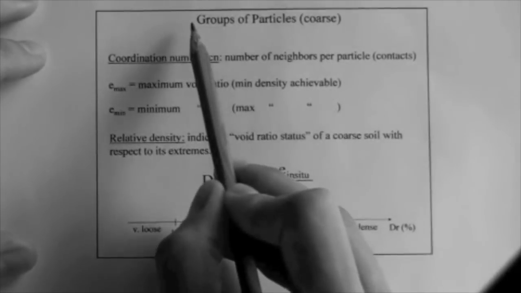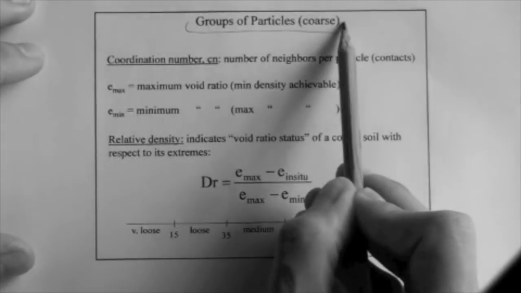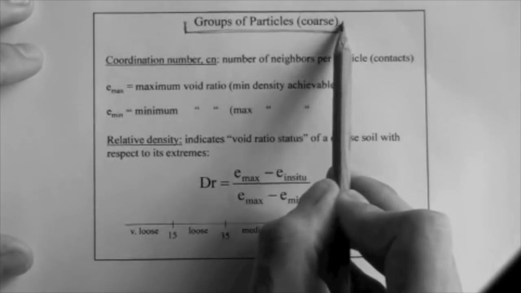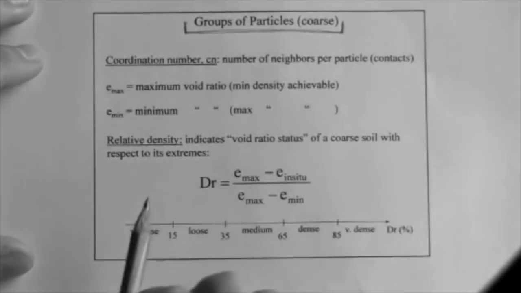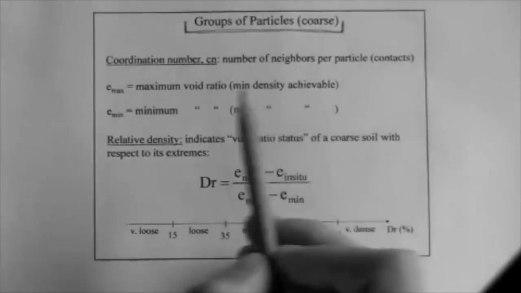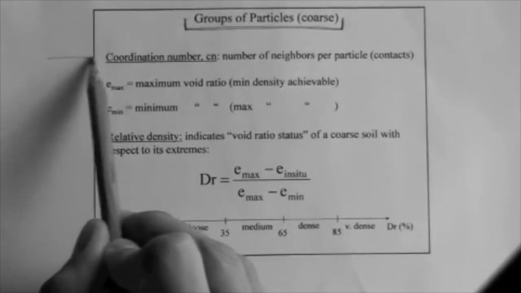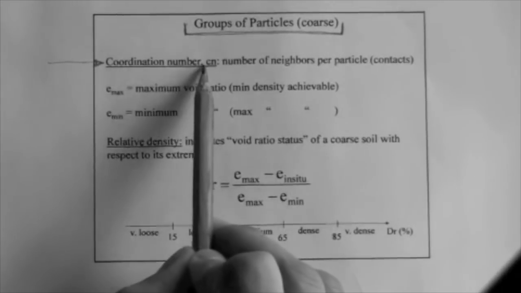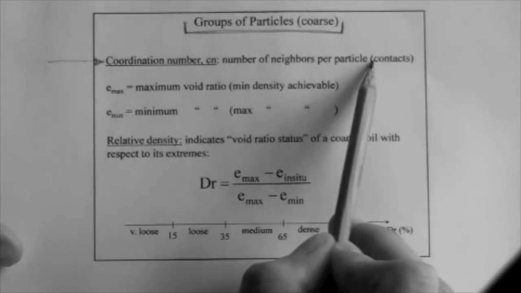Notice that we are going to now talk about coarse-grained particles only, soils that are coarse-grained, that is sand or gravel. Here we have a definition, and this definition is actually for any kind of soil: the coordination number, that is the number of neighbors per particle.